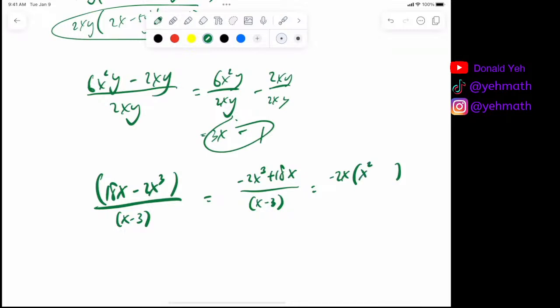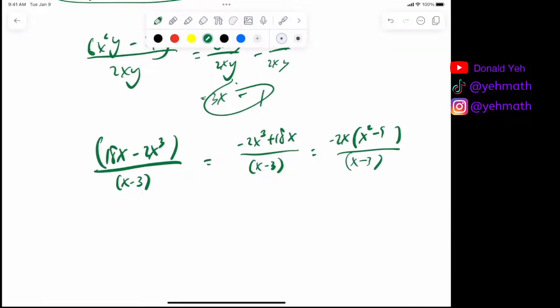X squared minus 9. Okay. What else do you see? I love difference of squares. I wish every question had a difference of squares. And now what can you do? So that's going to be negative 2x times x minus 3 times x plus 3, sorry.